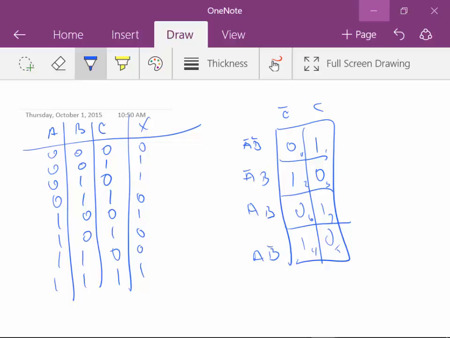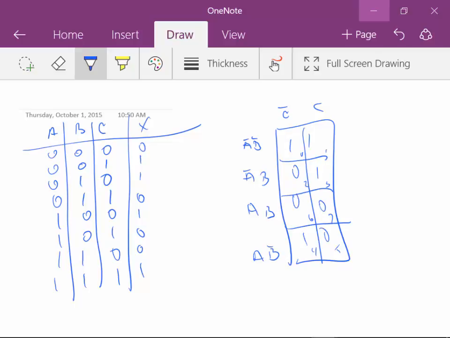So with that said, we're going to change it. If the example's bad, let's change the example. I'm just going to fill in the Karnaugh map 1, 1, 0, 0, 1, 0, 0, 1.